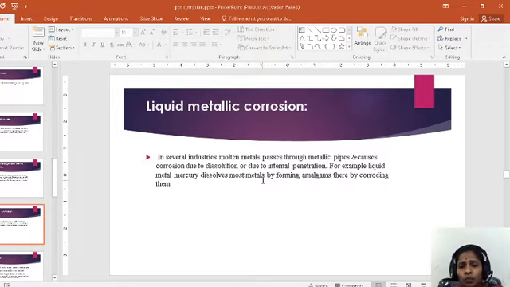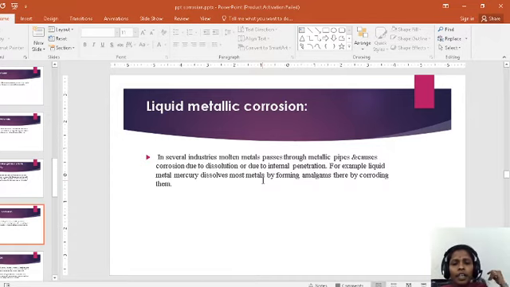This liquid penetrates inside the metal, dissolving it, and the entire metal undergoes corrosion. So this is called liquid metallic corrosion, because the molten metal converts to liquid and this liquid penetrates inside the metal and causes corrosion.